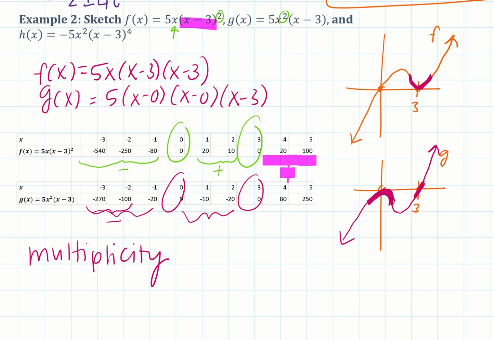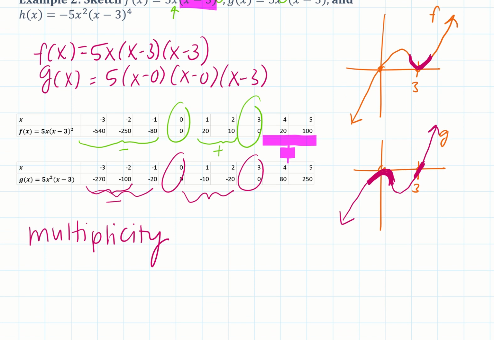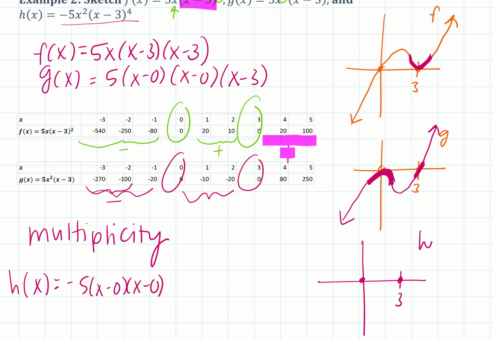So let's take a look at h. H also has roots at 0 and 3, but h is going to be a degree 6 function, right? If we multiply all these factors out, h is the same thing as negative 5 times x minus 0 times x minus 0. That factor has multiplicity 2.